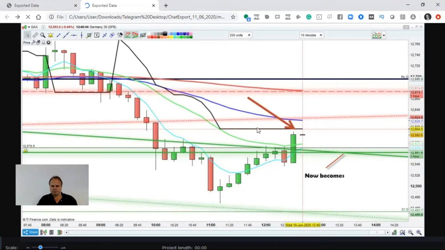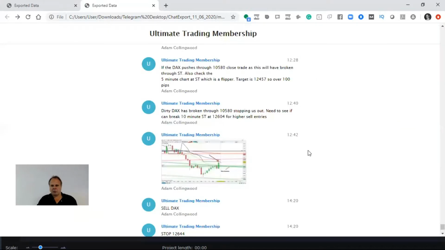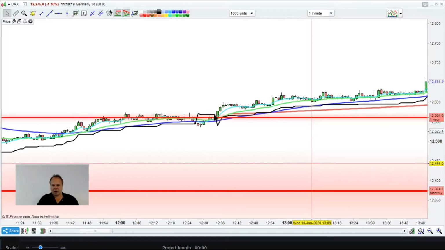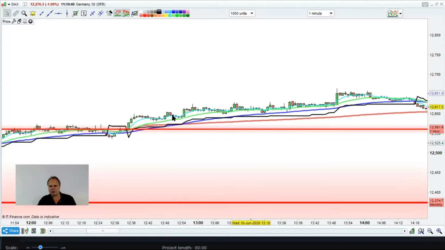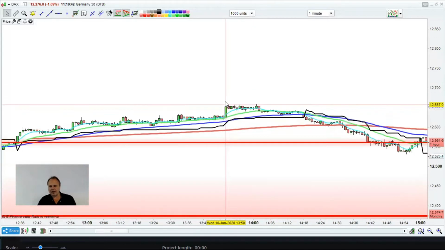The reason we wanted to close that trade is, if you see what happened next, we were selling here, the price did come back down a little bit to 12,534 and looked nice, and then it reversed and came all the way back up to this resistance level, and look where it got to: as high as 12,664.